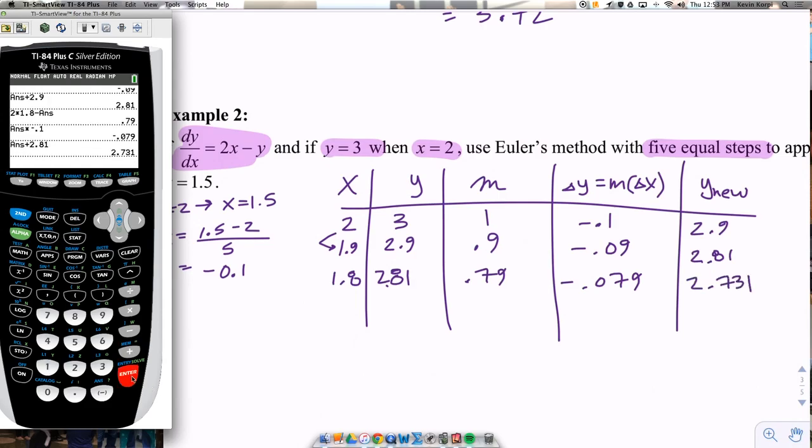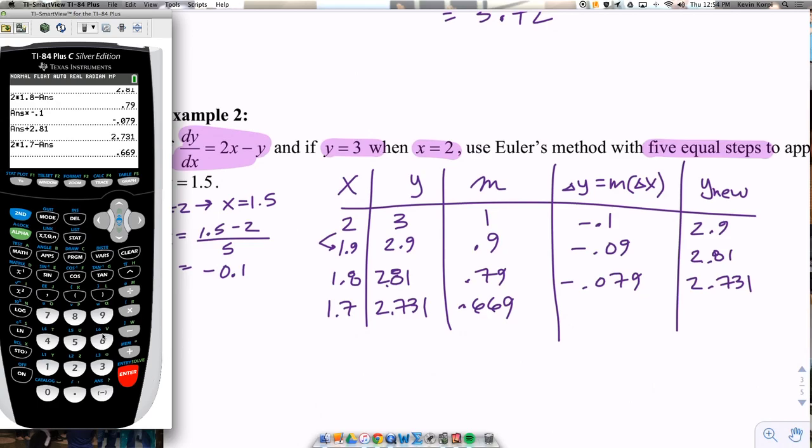2.731. If you find that your values are changing too dramatically, whether it's your slope or your y values, you're probably hitting the wrong key. So it's very tedious, and that's about all. It's not necessarily very difficult. 1.7 then, you bring it around 2.731, and we do it again. 2 times 1.7 minus the answer, which is still sitting there, and you got 0.669.